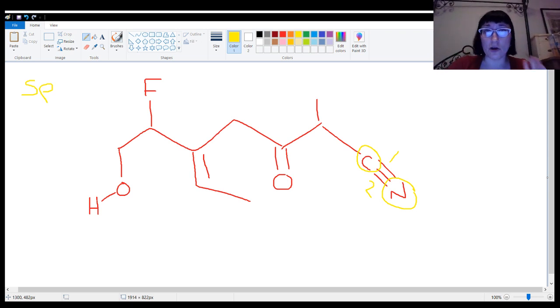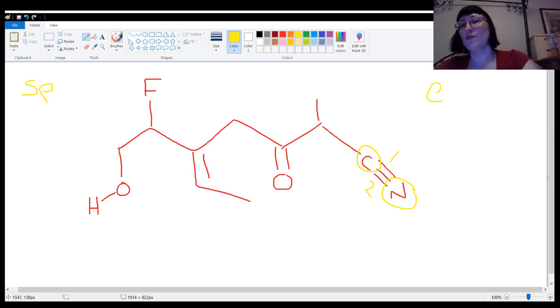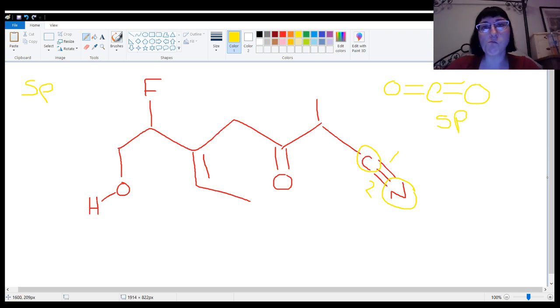But both of those are sp hybridized because they both have a triple bond, basically. Alternatively, you could have 2 double bonds. So if I have a carbon dioxide molecule, that carbon is also sp hybridized. It doesn't have to just be a triple bond, but just 2 pi bonds in general going to one atom.